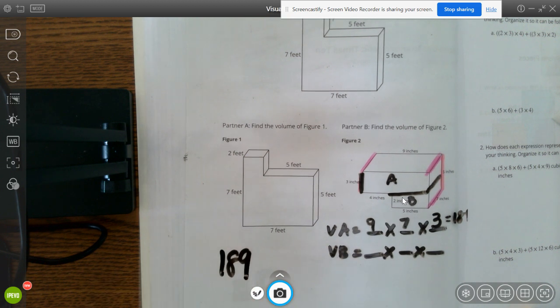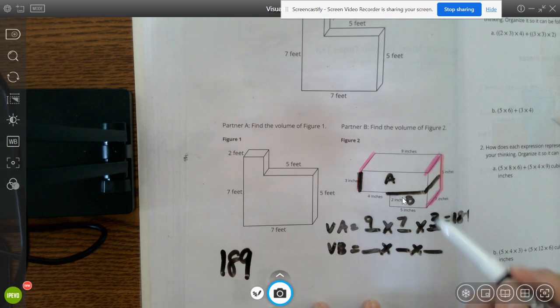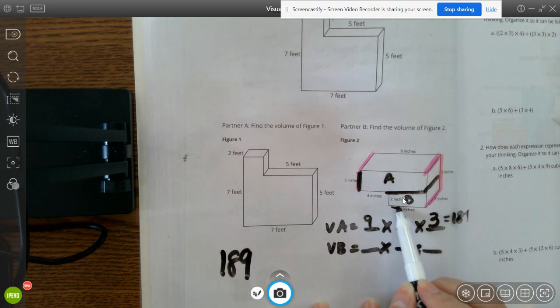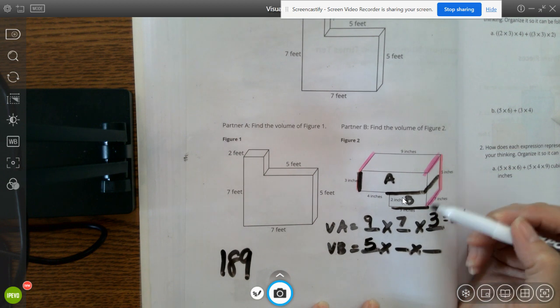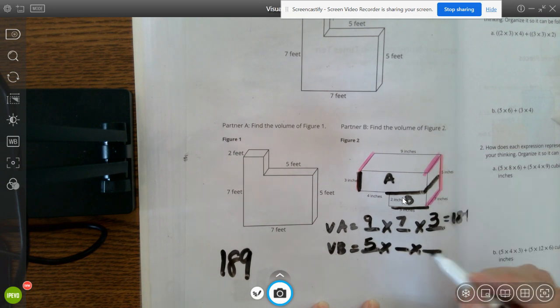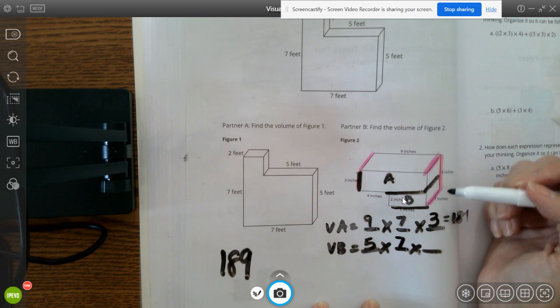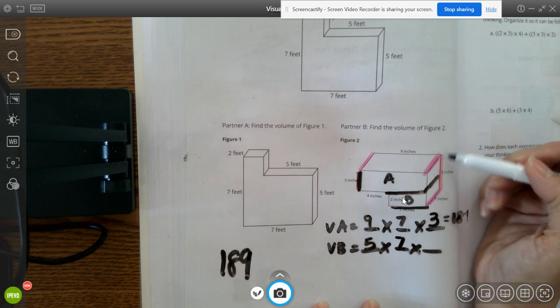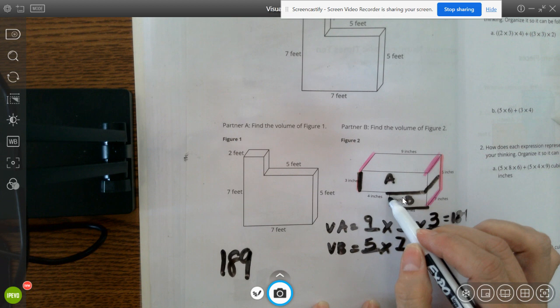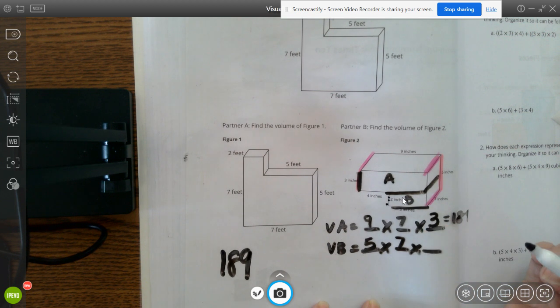All right, now I am doing figure B. I have my across here. It says 5. I know my back here is 7. It's the same back. Now, here's the problem. Here's my up. I don't want all that up. But right here, I have another up that is the right amount.